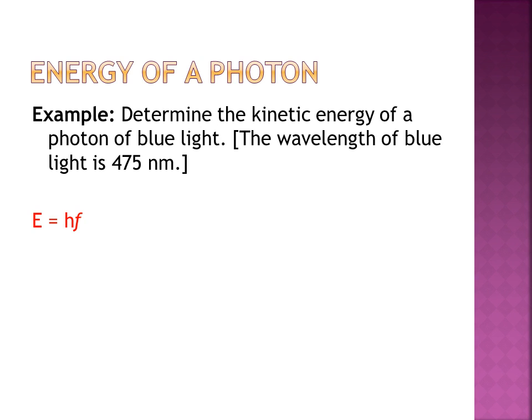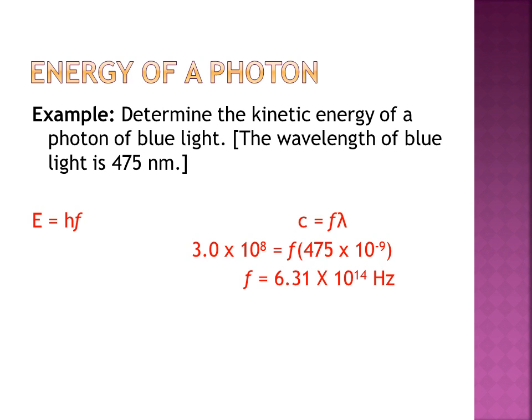I want to determine the kinetic energy of a photon of blue light, and I'm told that the wavelength of blue light is 475 nanometers. Now I'm looking at my energy equation and I see E equals hf. I don't see wavelength in there at all. So this is a two-step equation where I first need to solve for frequency. In order to do that, I go back to my light speed wave equation and I plug in the wavelength that I have to solve for frequency.